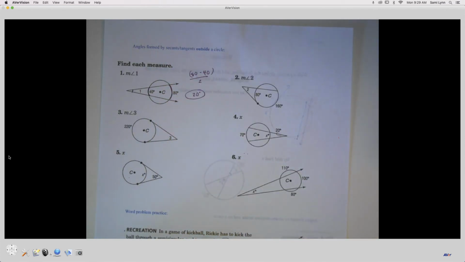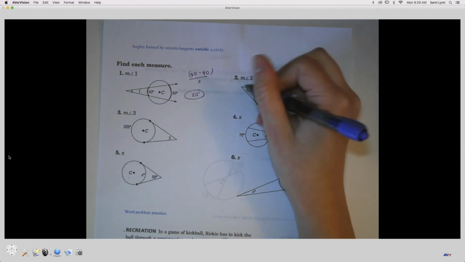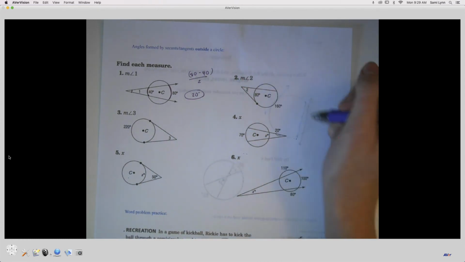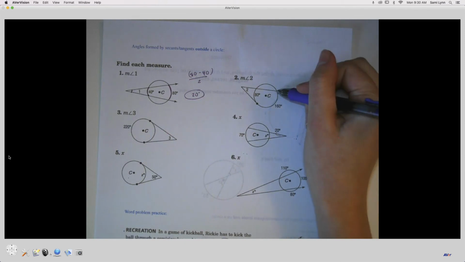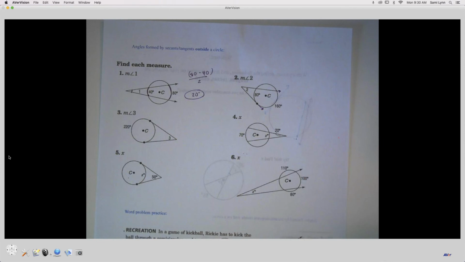So once again, not the most complicated math, but pointing out which one am I going to use is the hardest. So be sure that you've got those notes by your side when you're working. All right, number 2, this time we've got a secant and a tangent line. They look more like segments, but I could make them continue, no problem.